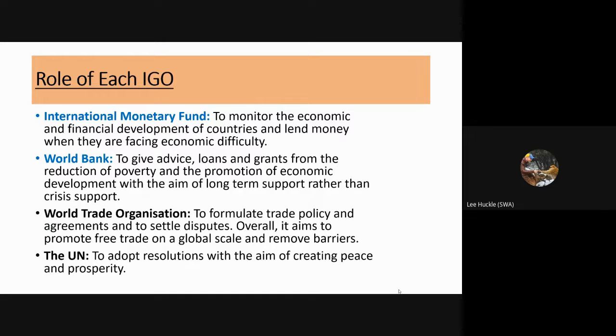And then overall, a recap back to the last couple of lessons: what is the role of the overriding United Nations as a big IGO? And bringing back the globalization unit again, the IMF, the World Bank and the WTO are part of that collective group of IGOs which were developed and created as part of the Bretton Woods institutions.